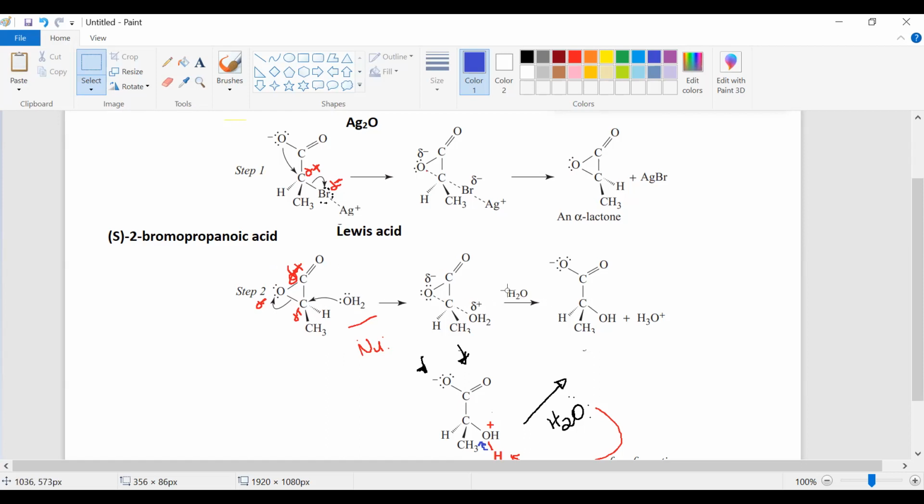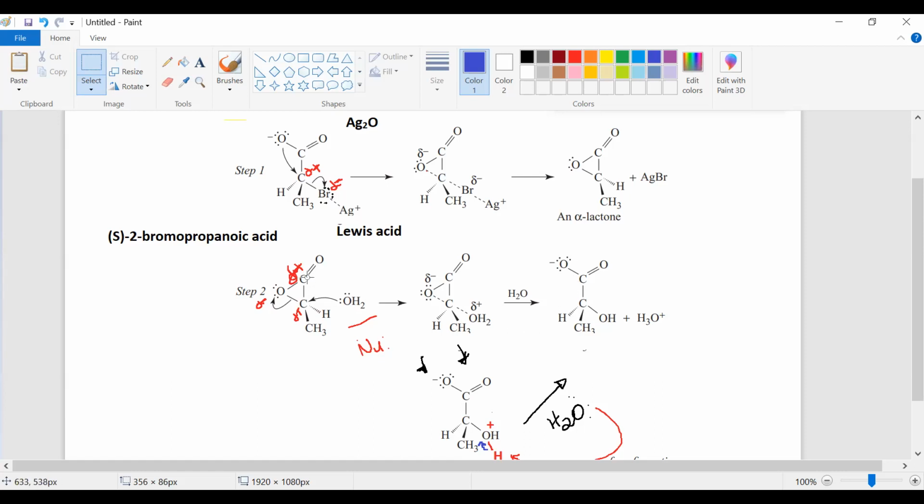So what happened is that this will be pushed over here, but the CH3 will still be oriented towards you, okay? And hydrogen is oriented away from you, and you get your OH on the plane. So when it attacks, it's still on the plane.